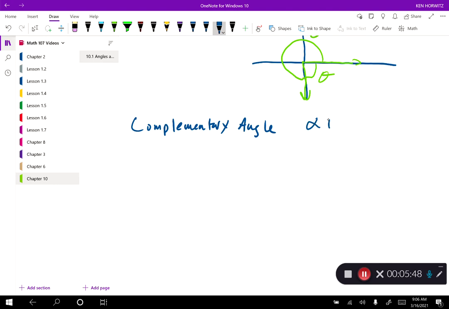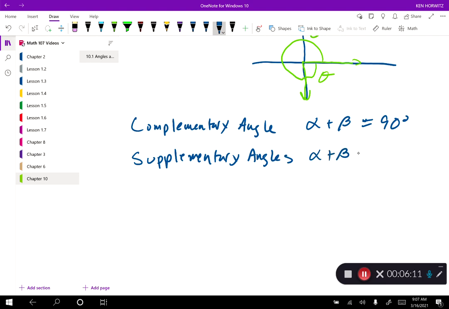So alpha plus beta must equal 90 degrees for the two angles to be complementary. Or you could have supplementary angles. And that's where the two angles, we'll call them alpha and beta, add up to 180 degrees.